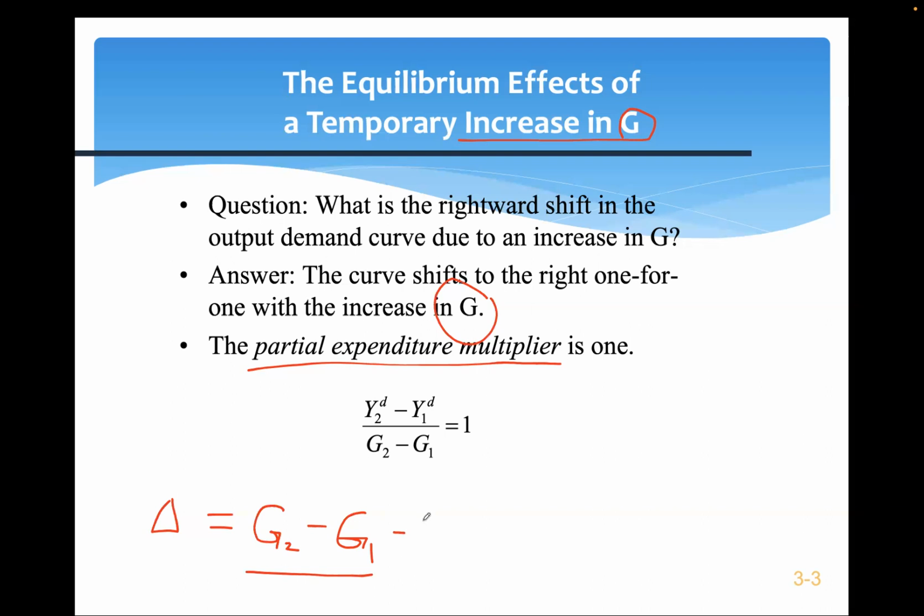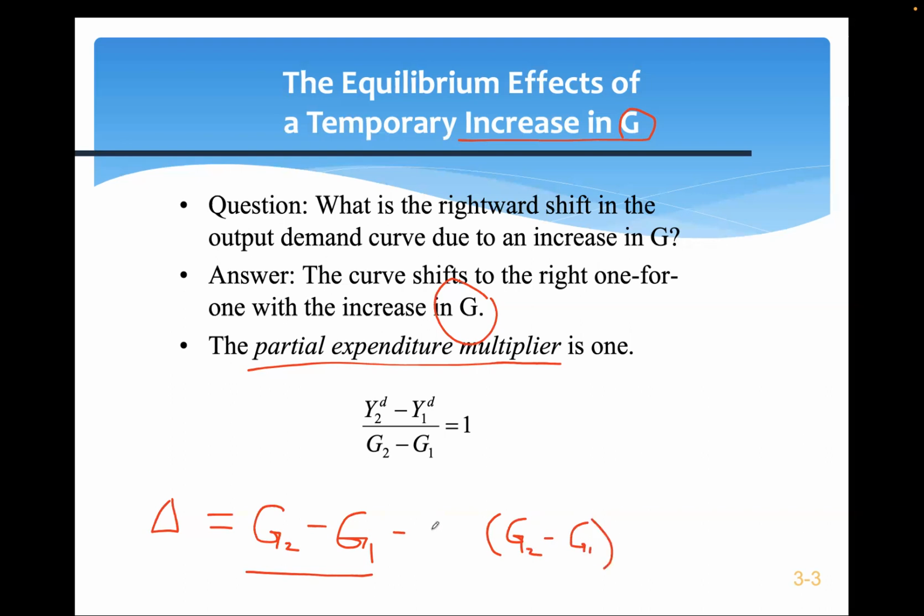The household is going to have lower income because G is financed by tax. So first of all, household income is going to be reduced by G2 minus G1.